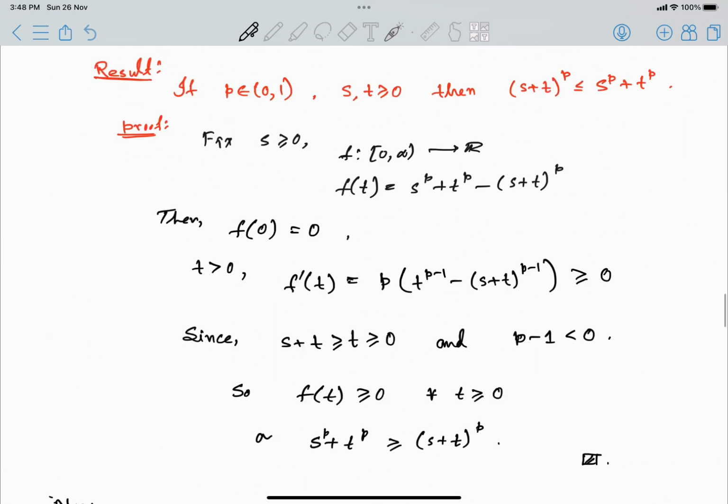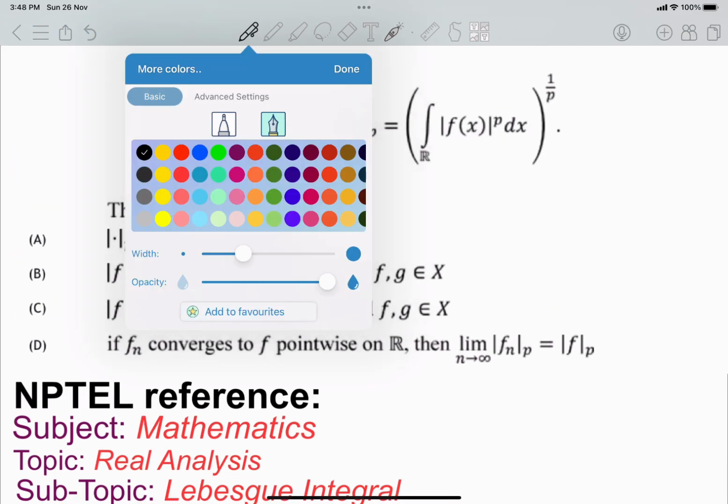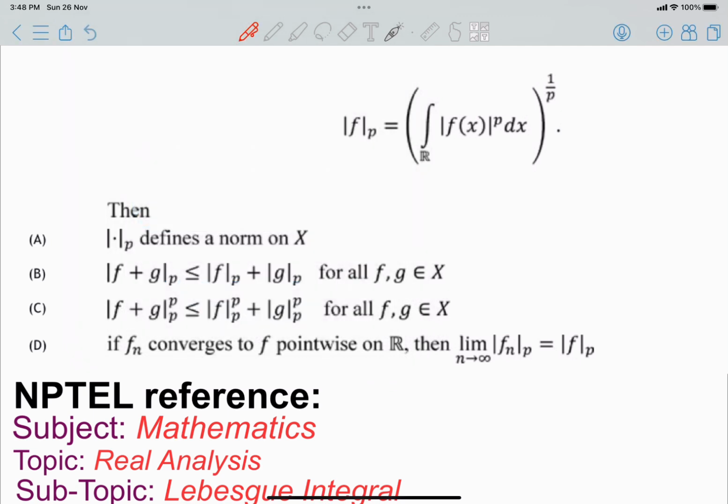So therefore option D is also false. Which one is correct? Option A is false, this does not define a norm. Option B is also false, this does not satisfy the triangle inequality, but it satisfies it whenever there is a pth power. And the last one is also not true. So option C is the correct one.